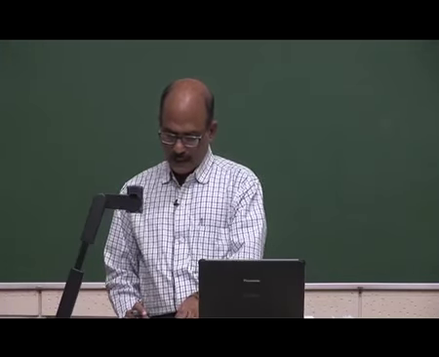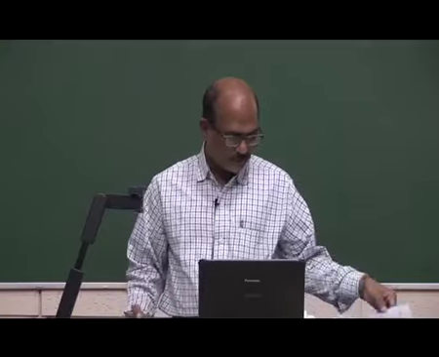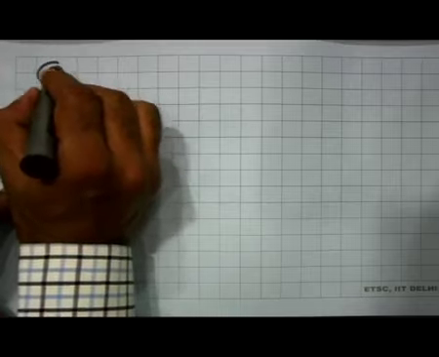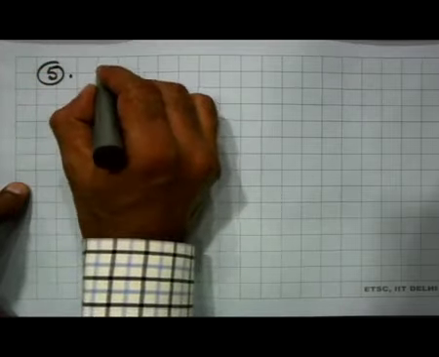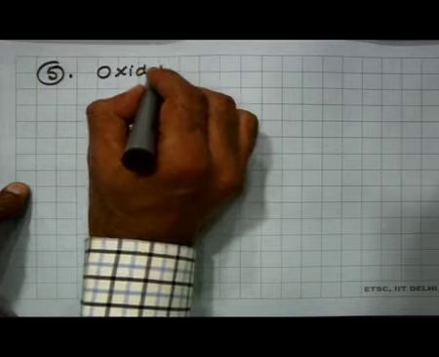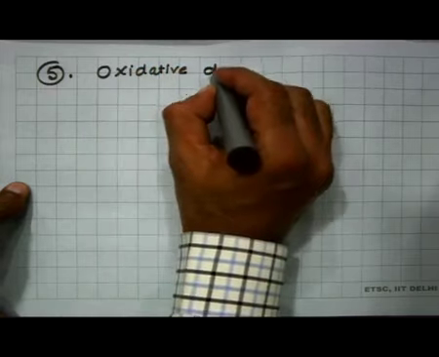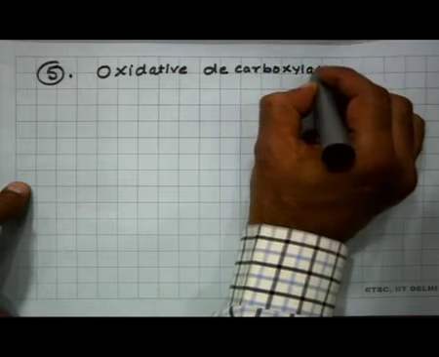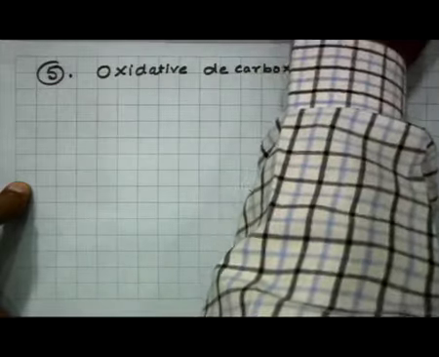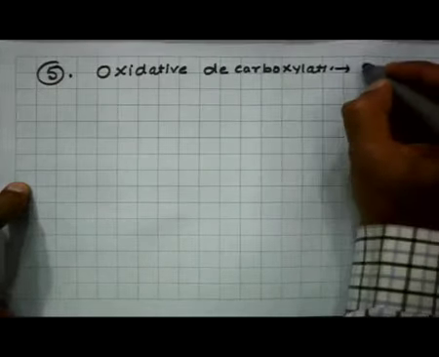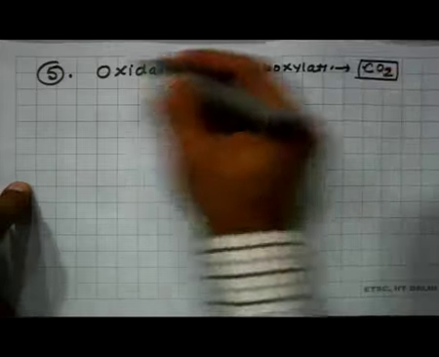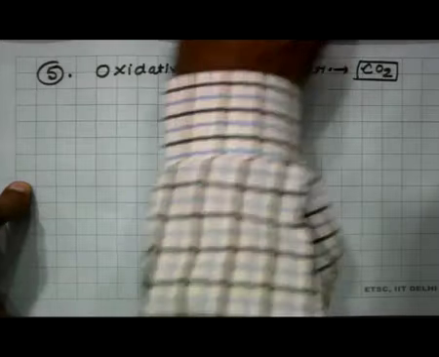So, in 9 steps, these are the first 4 steps, and the 5th step is oxidative decarboxylation. In oxidative decarboxylation, as the term indicates, there is removal of carbon dioxide and oxidation takes place.